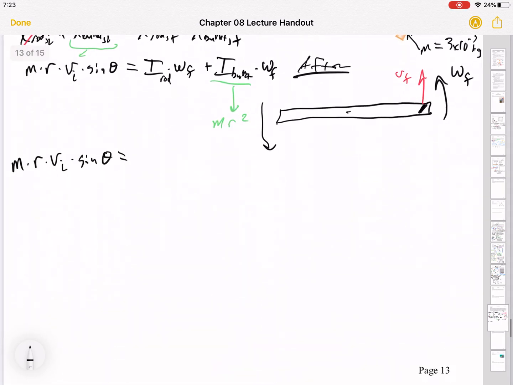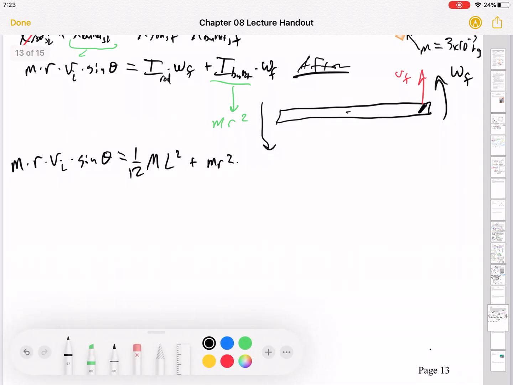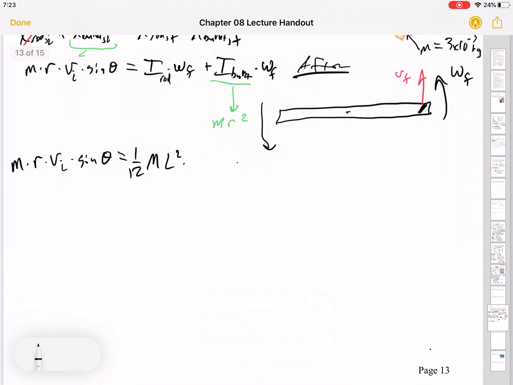So 1/12 mL squared, oops, I missed a term. That's just I there. I also need to put omega final in there, plus mR squared omega final.